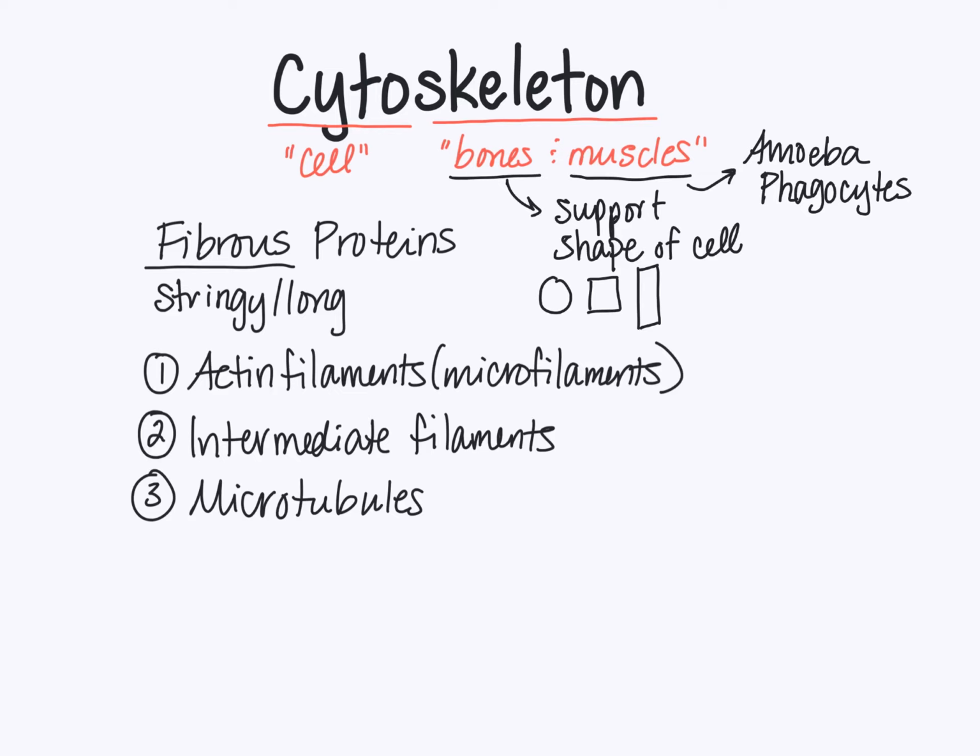The cytoskeleton also allows organelles to move around inside the cell. So a lot of them act as kind of like public transit. All right, so things like tracks in order for organelles to be transported around inside the cell.